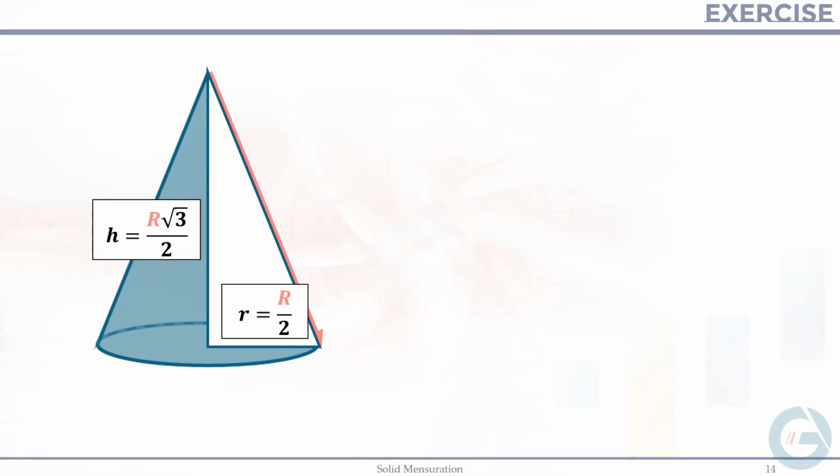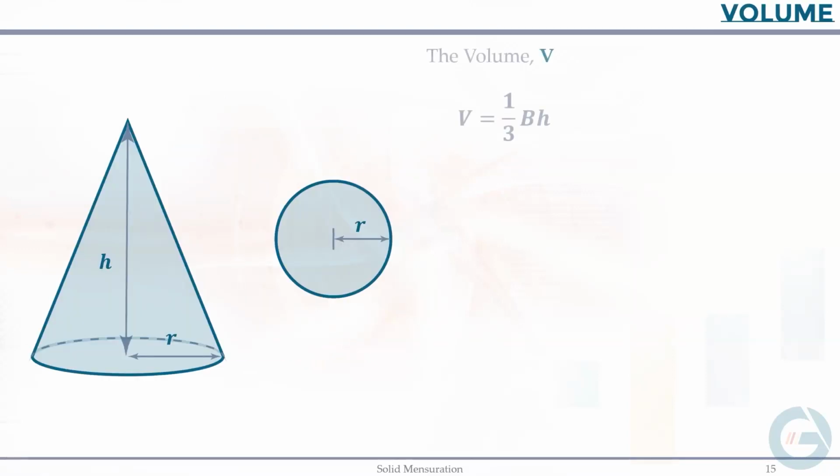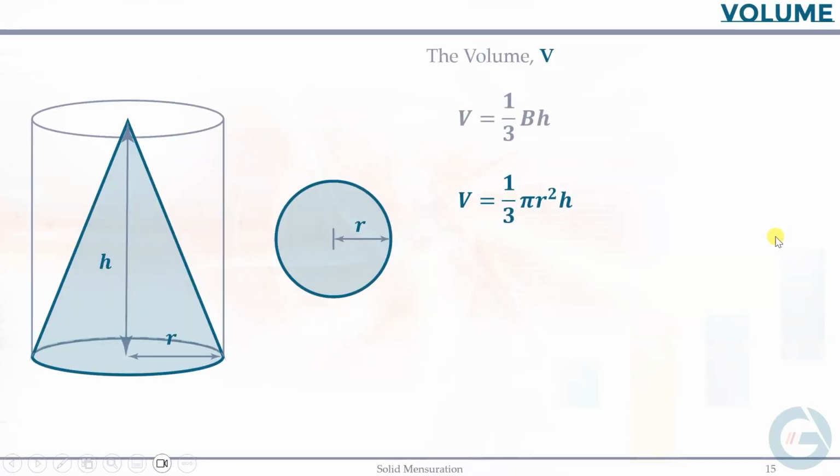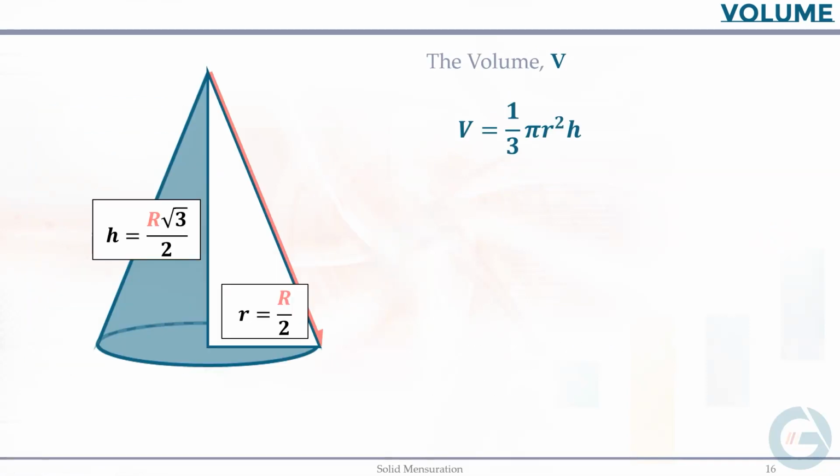And we can now calculate the volume. We have the height, we have the radius. Using this formula, 1/3 pi r squared times height, let's apply this equation to the problem. Volume equals 1/3 pi, and we'll now be using uppercase R: (R over 2) squared times the height, which is R square root of 3 over 2.